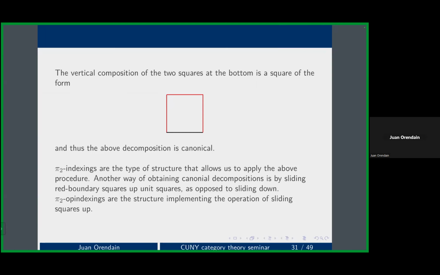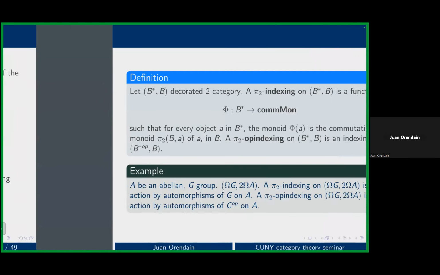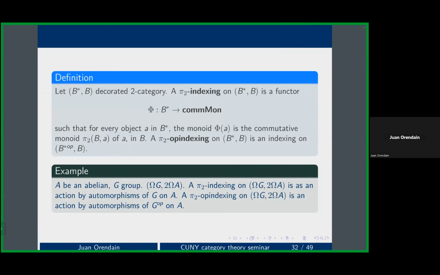So for now I was talking about, you have a double category. What would be the kind of structure that would allow us to slide red boundary squares up or down horizontal identity squares?